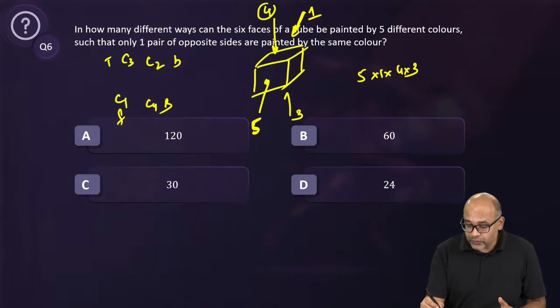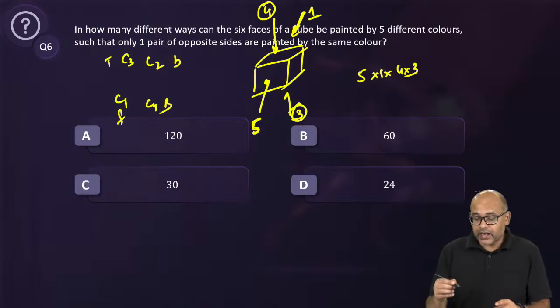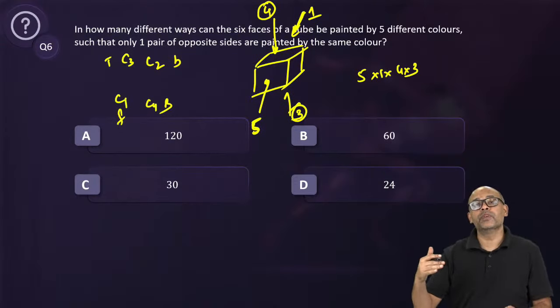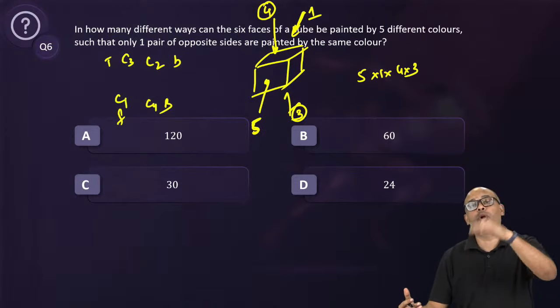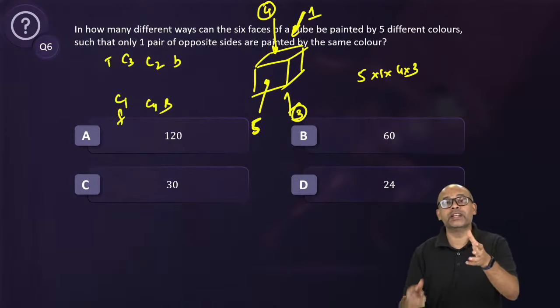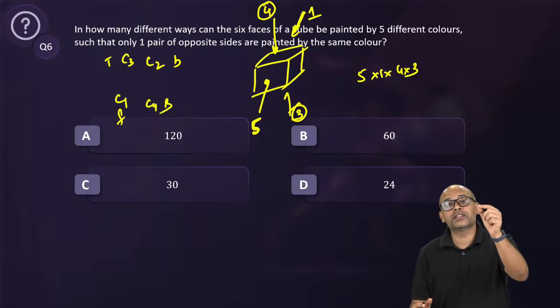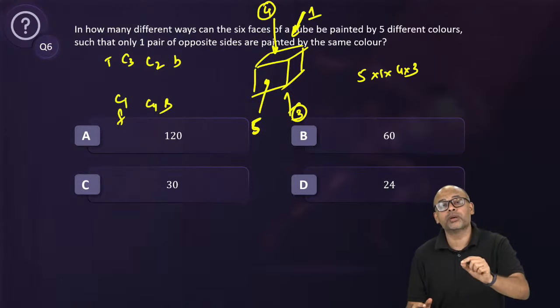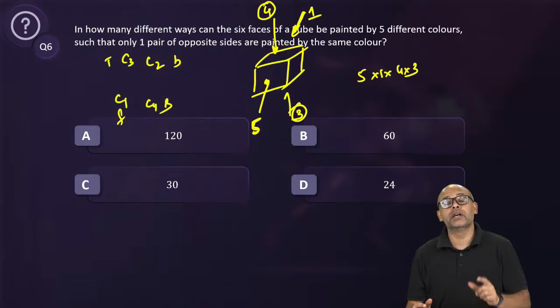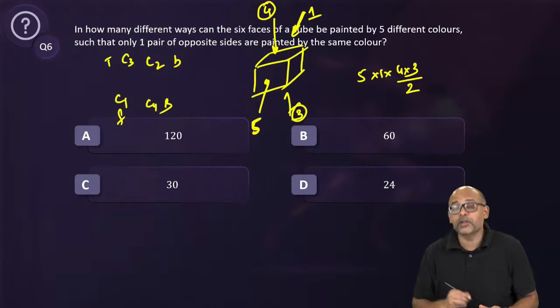So when I take this 4 into 3, it is counting color 3 on top and color 4 on bottom as different from color 4 on top and color 3 on bottom. But you and I know that the cube is identical from all sides. So whether color 3 is at the top or at the bottom, the counting should not happen twice, because it will look the same. So I should divide this by 2.